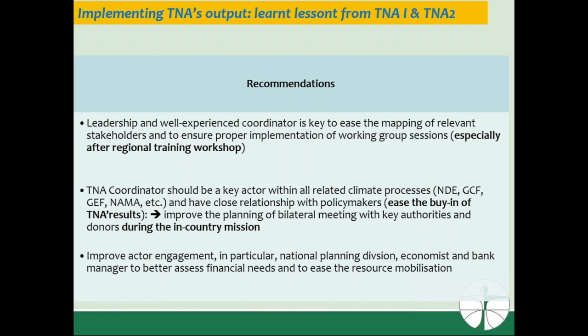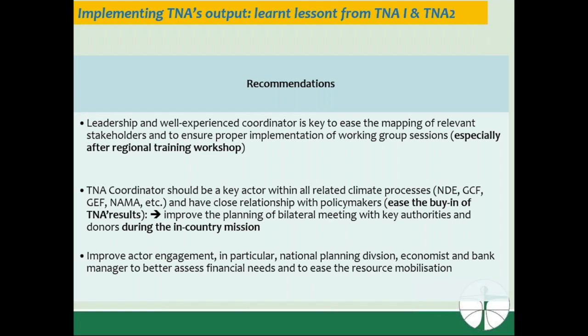So having a very well coordinated team can help to ease the process, and ease the buy-in of the policymakers, and also the engagement of the TNA coordinator in the climate process, the technology transfer process represented by the NDE, the focal point of the GEF, and NAMAs, and all these climate-related processes.